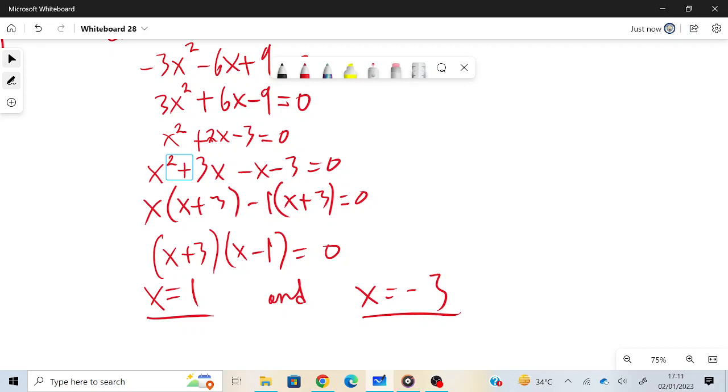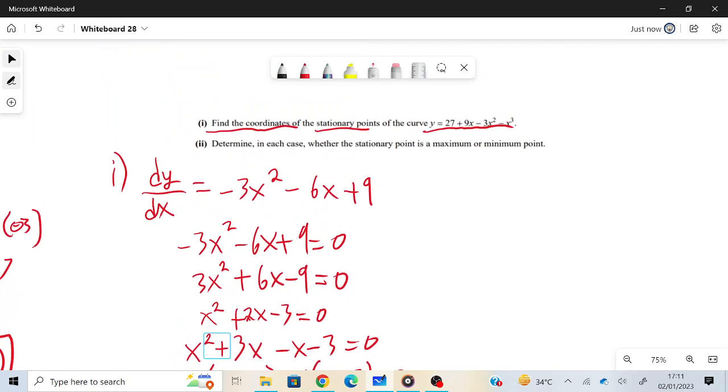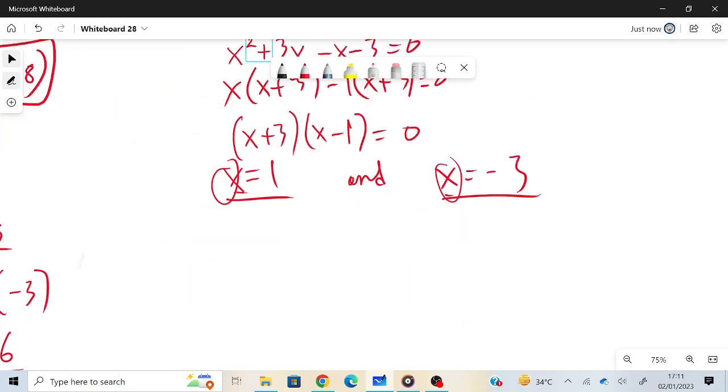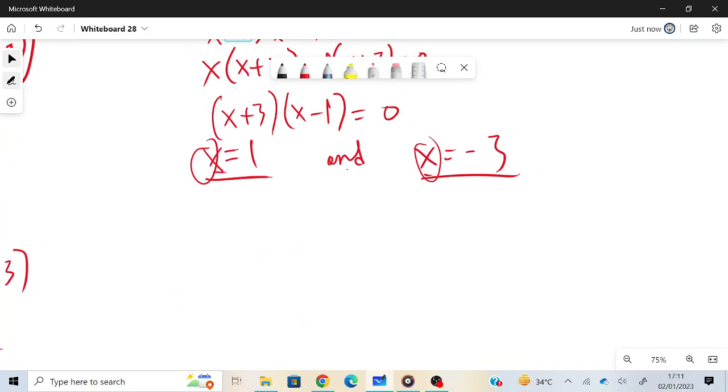So in a way, this is my x coordinates of my turning point, and I need to get the y coordinates. And as I said, I will now substitute these two x values back into the original equation of y, which is this over here. So let's divide this in half.